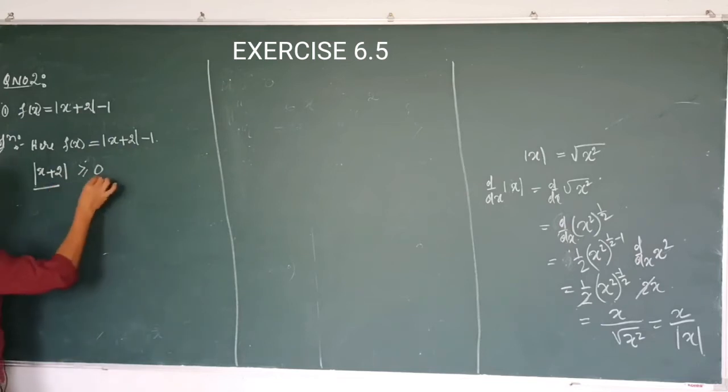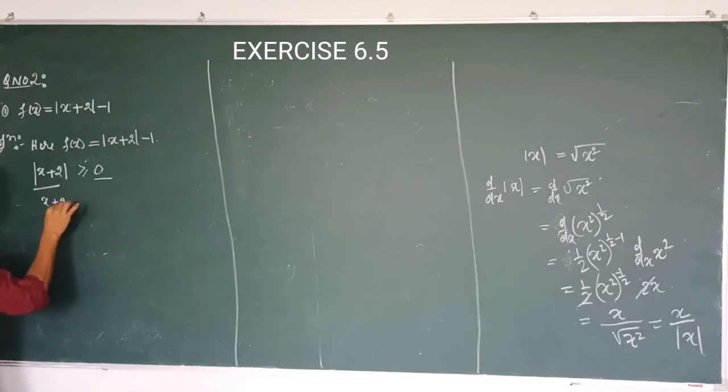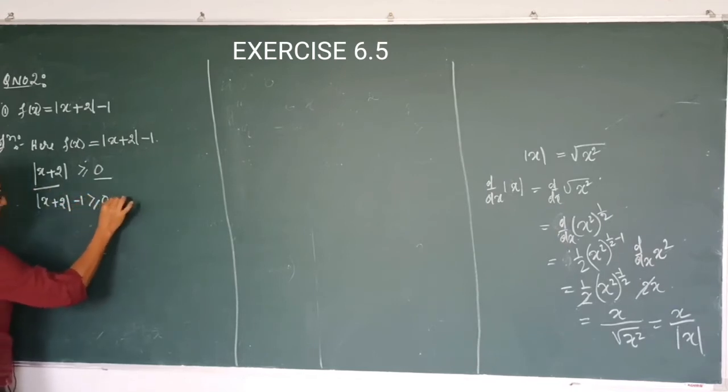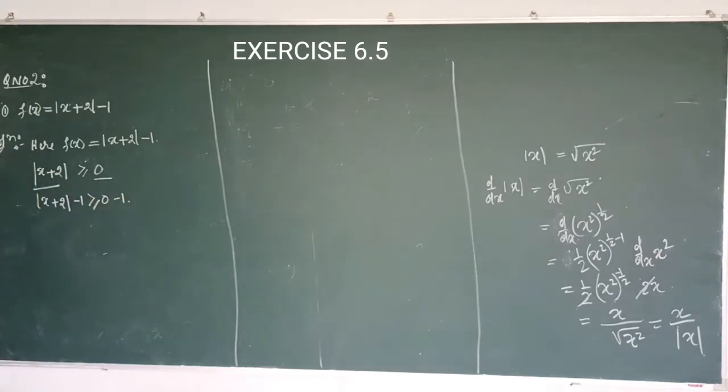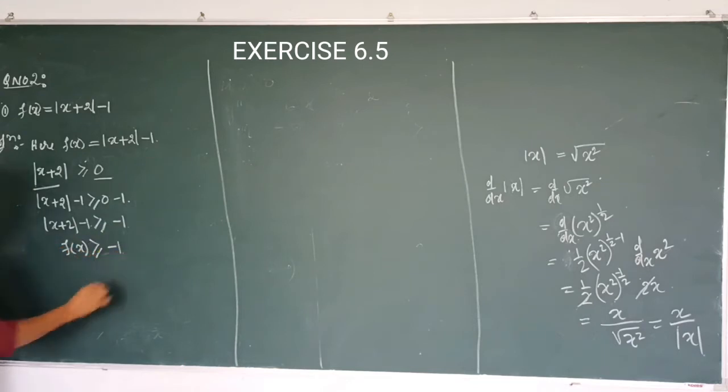Subtract 1 from both sides. This is modulus of x plus 2, minus 1, greater than or equal to 0 minus 1, which is minus 1. So this function f of x is greater than or equal to minus 1.